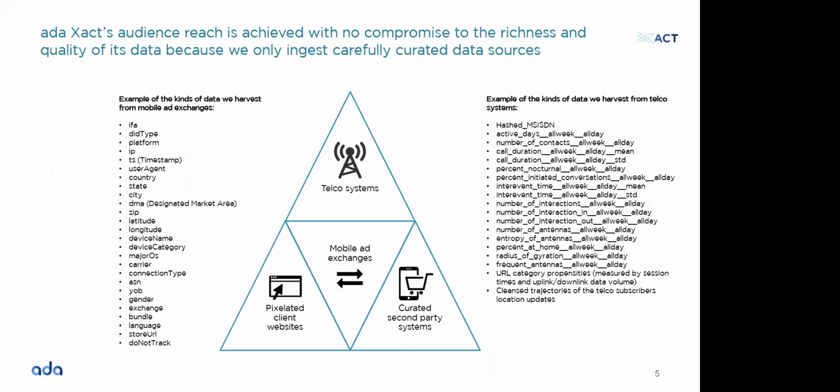So one very important distinction is that the telco data contains data on the interaction between devices on the telco network. So when a device calls another device, that is recorded in the telco network as an interaction. So by computing variables such as the number of incoming interactions and the number of outgoing interactions, we can form a picture of the kind of user that is behind that device.